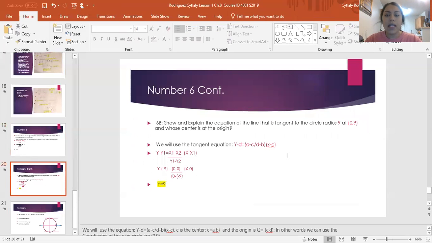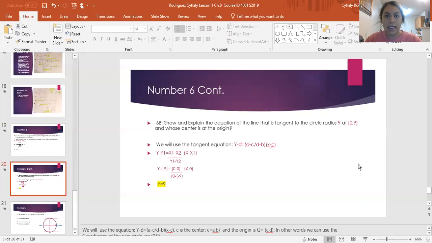For 6B, it's the same thing, just different radius, and that is 9 at (0, 9), and whose center is at the origin. So we're starting at the origin. So instead of using y minus d in this big old formula, we can use the same formula we use, which is y minus y1 equals x1 minus x2 divided by y1 minus y2, x minus x1.